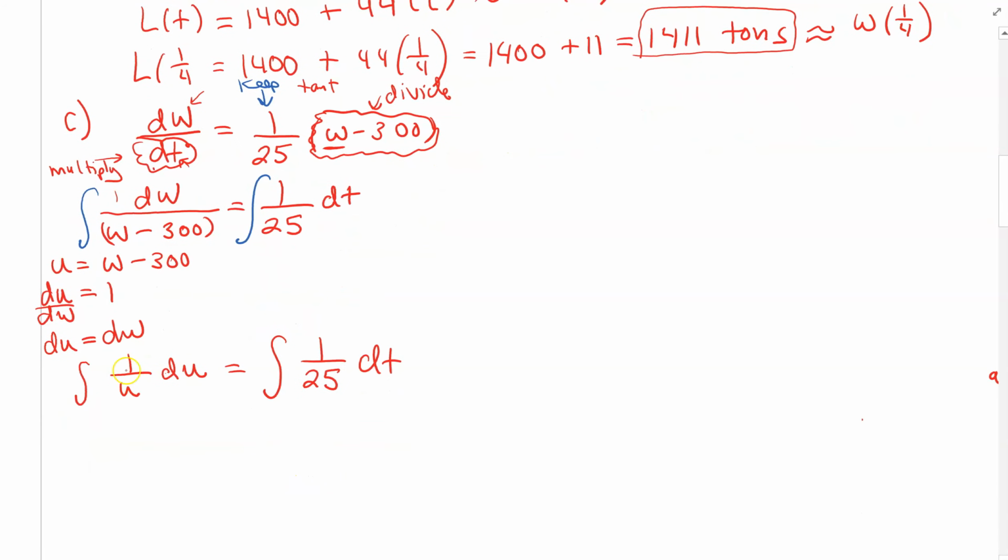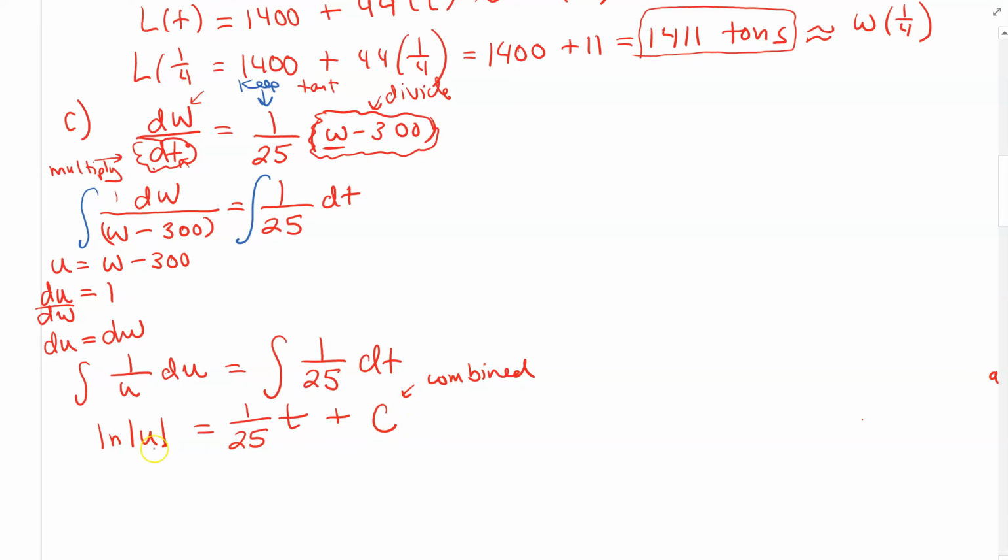Okay, so on the left, the antiderivative of 1 over u is just ln of u, plus a constant, but I'm not going to add that here because I'm going to do a combined constant on the other side. The antiderivative of 1 over 25 with respect to t would just be 1 over 25 times t plus a constant. And this is a combined constant. Okay, because it was whatever constant would have been here plus whatever constant would have been there all together as one constant.